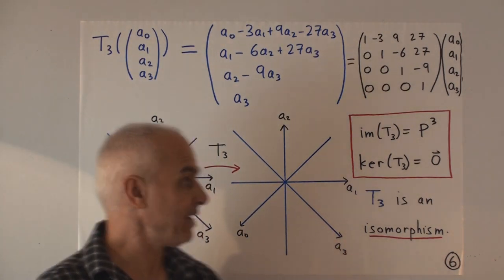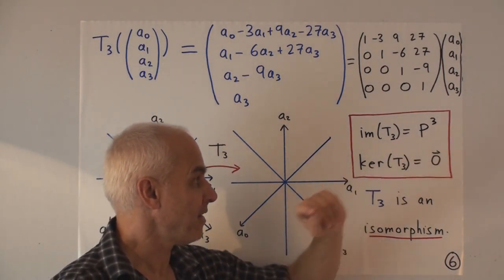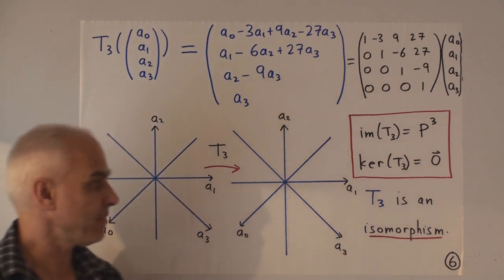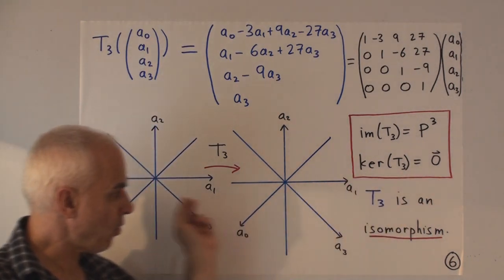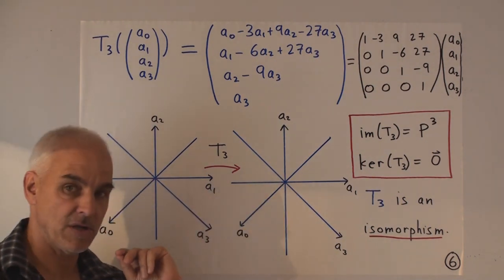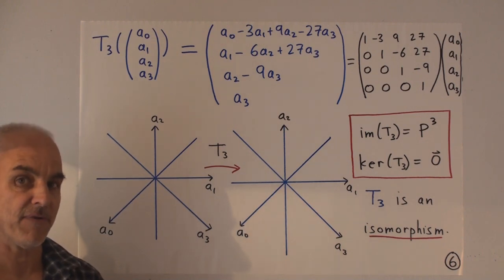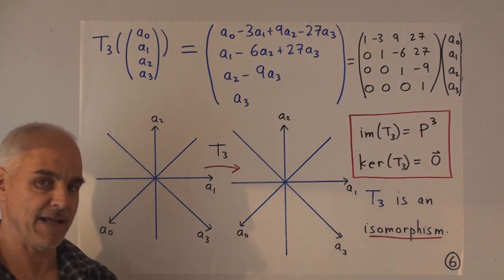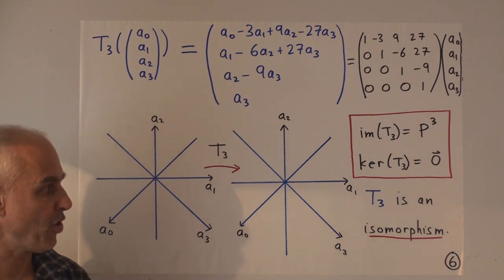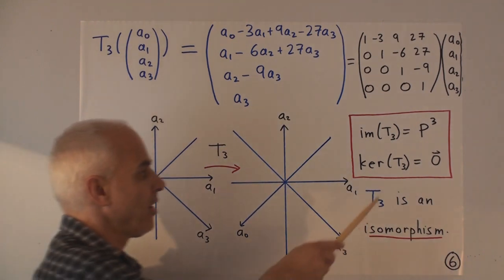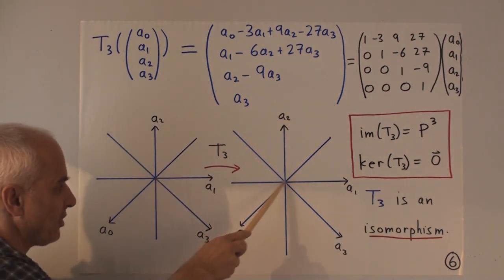So every polynomial is the translate of something, meaning that the image is all of P3. And what about the kernel? What polynomial gets sent to the zero polynomial, which is just the flat straight line if you graph it? Well, if you translate by something and you get the zero polynomial, what you started with must be the zero polynomial. So the kernel is just the zero vector. Only the zero vector gets sent to the zero vector.